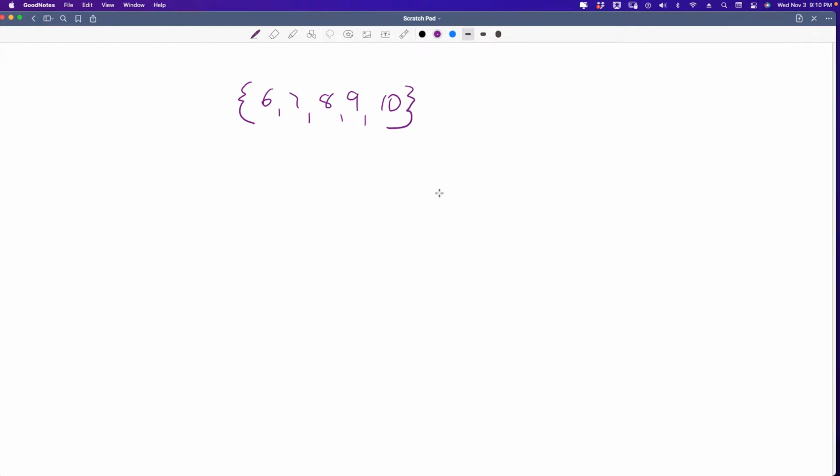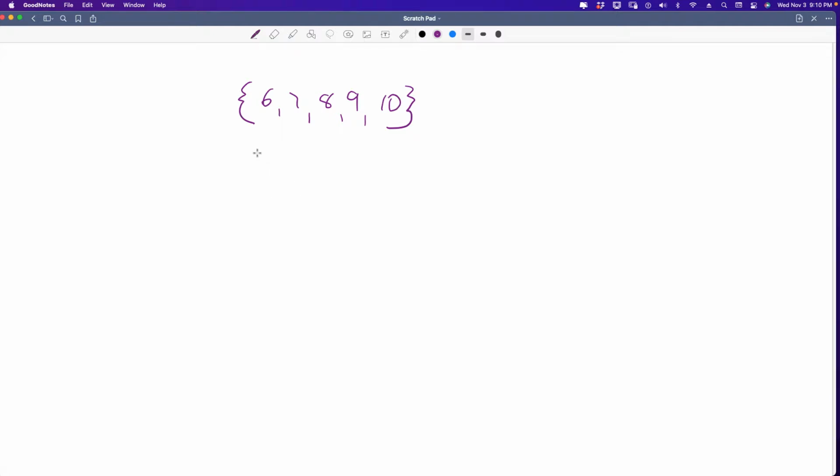My curly brackets don't look that great, but this tells us that the members of this set are the numerals 6, 7, 8, 9, and 10. And that's it. That's all that's listed. There are no more, there are no less. It's these 5 numbers, right? This is a finite set. It is defined for us. We're told what's in here.